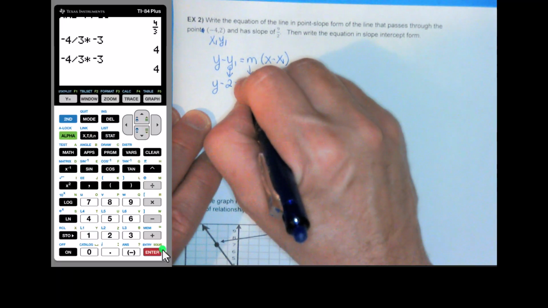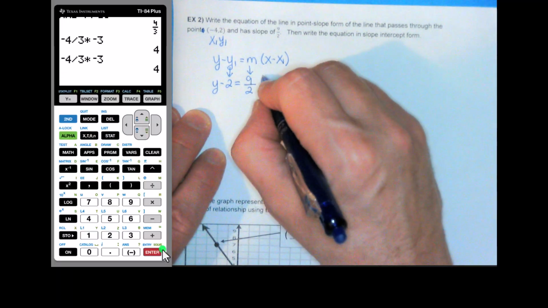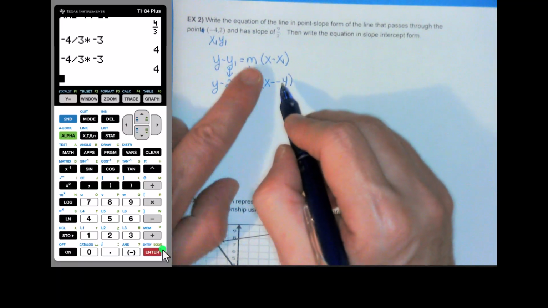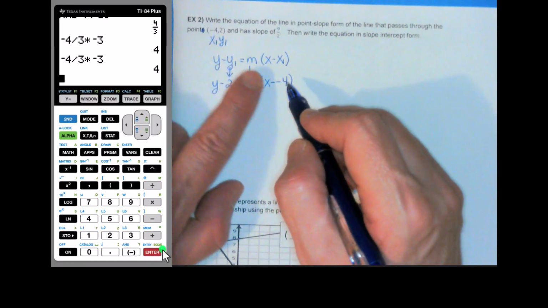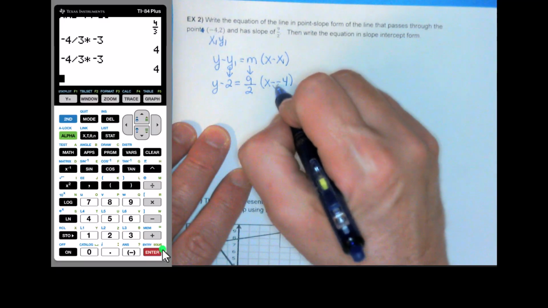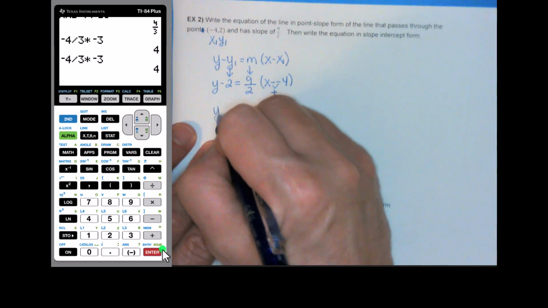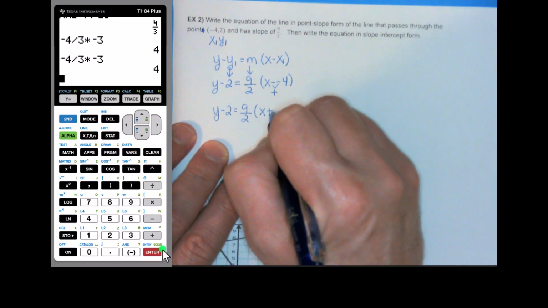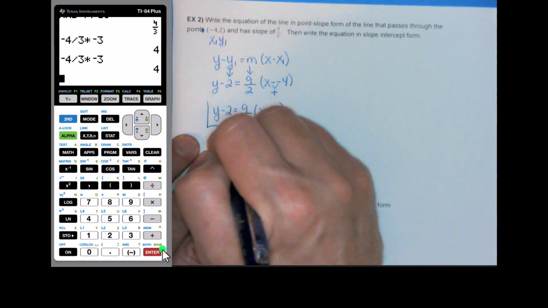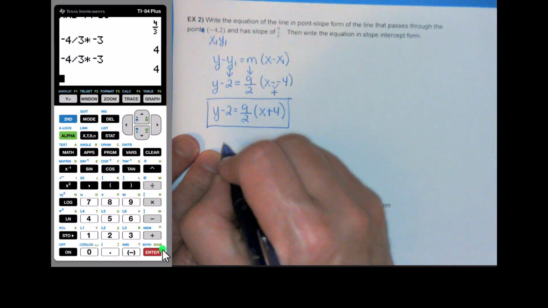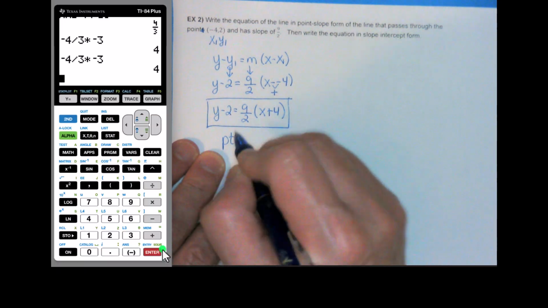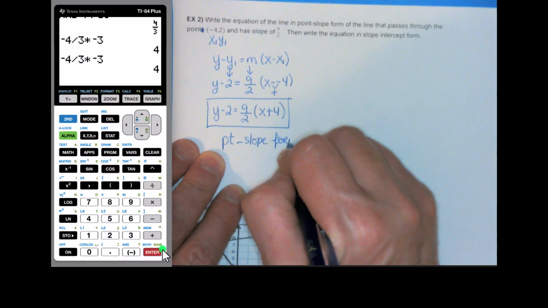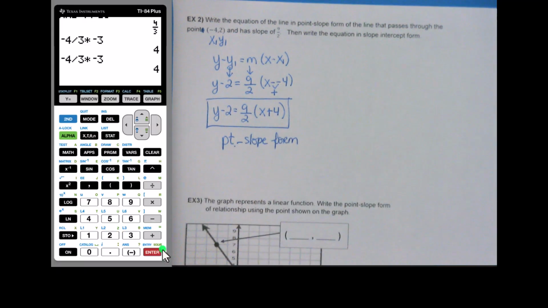The problem told me 9/2. And then we'll have x minus x1, which is -4. Notice there's one negative that comes from the formula, and one negative we plug in for x1. Two negatives becomes positive, so this would be y minus 2 equals 9/2 (x plus 4). And there you go. This is my point slope form, and I abbreviate point here using PT.